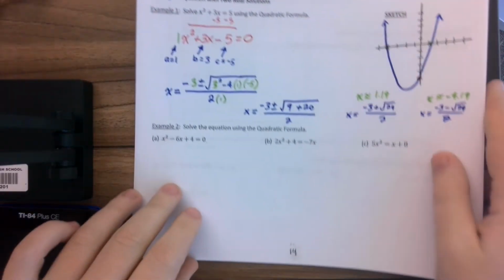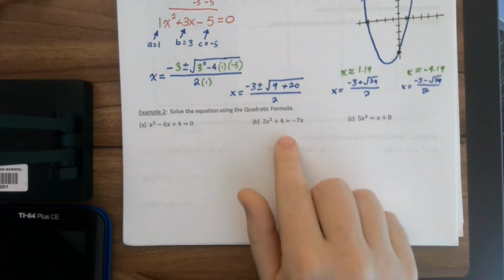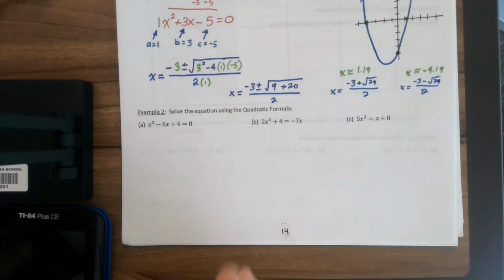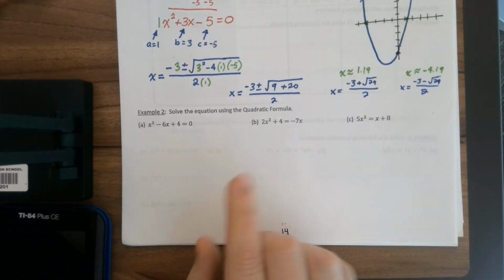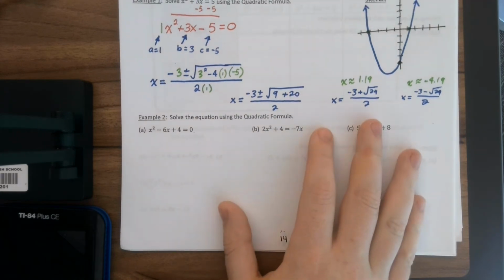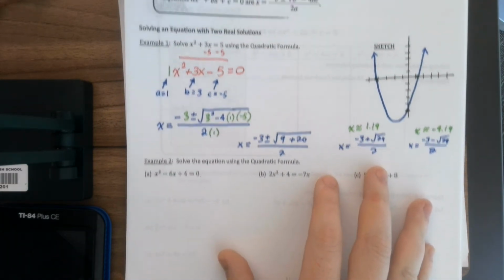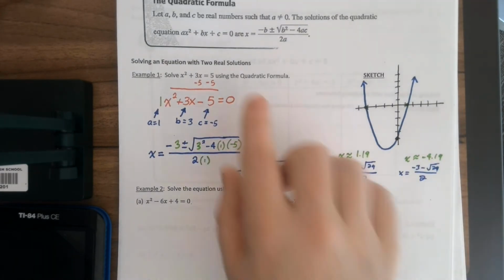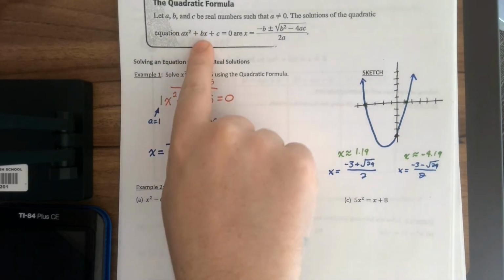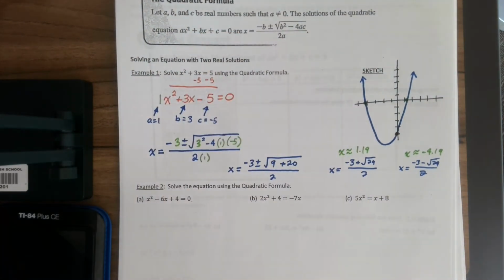Let's flip. Well, actually, before we flip, let's talk about one more problem. Let's talk about letter b here, because there's something that confuses quite a few people with this. Remember, it's a nice cheat code we have, but the only way we're allowed to use it is if it looks like ax squared plus bx plus c equals 0.